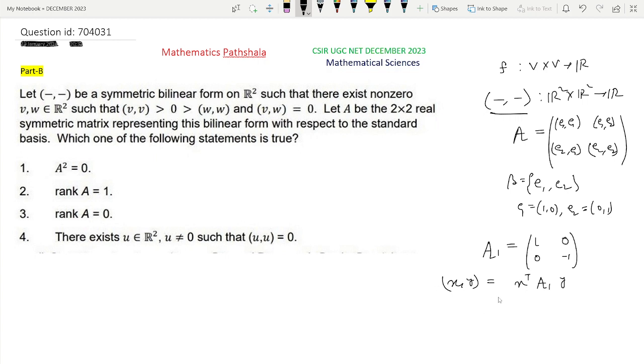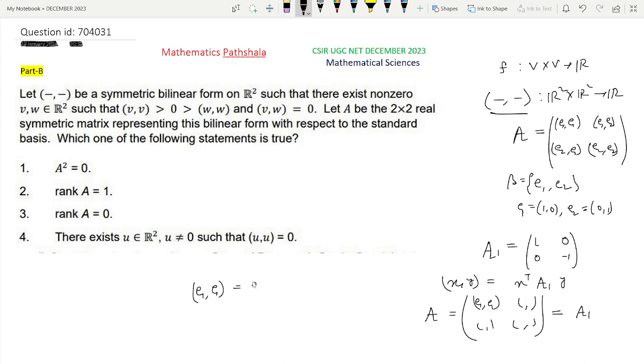It is an easy exercise for you that this is a bilinear form on R2, and the matrix representing this bilinear form, that is A, has entries (e1,e1), (e1,e2), (e2,e1), (e2,e2), and clearly this will be our A1. Just calculate what (e1,e1) is.